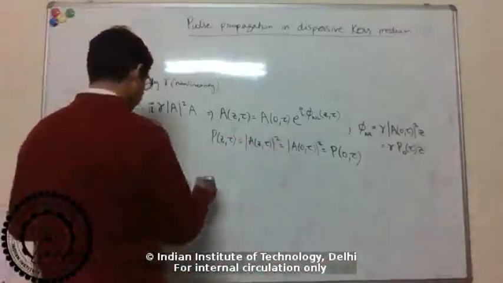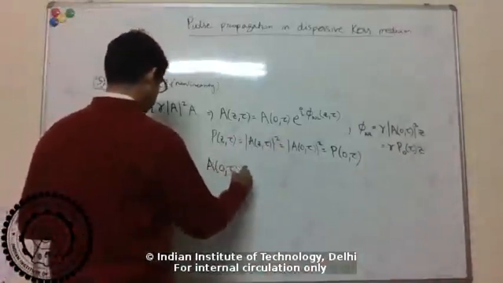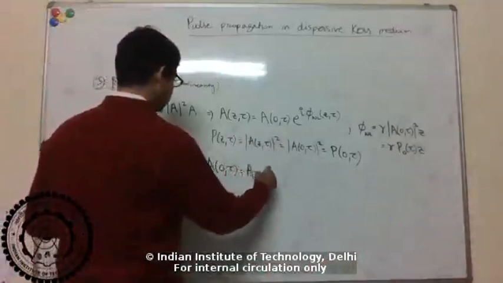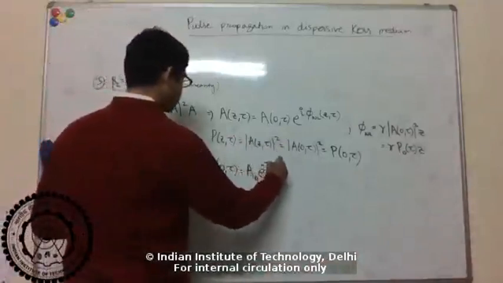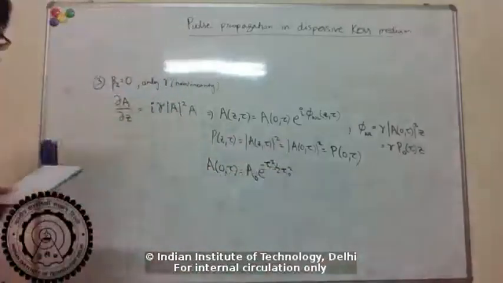Okay, so again we can assume some input pulse. So let's assume a Gaussian input pulse again, right? Like we did last time.